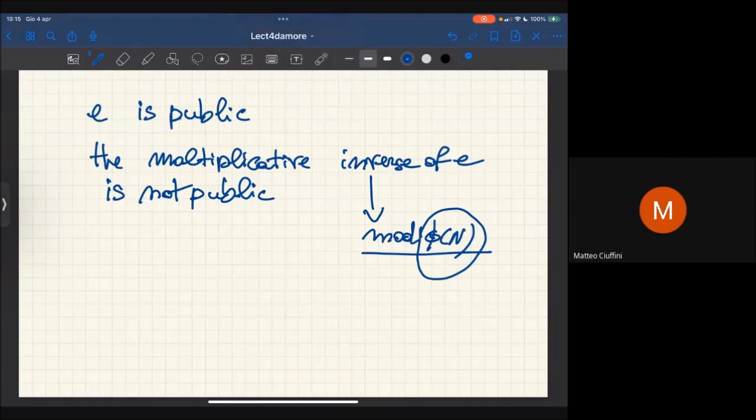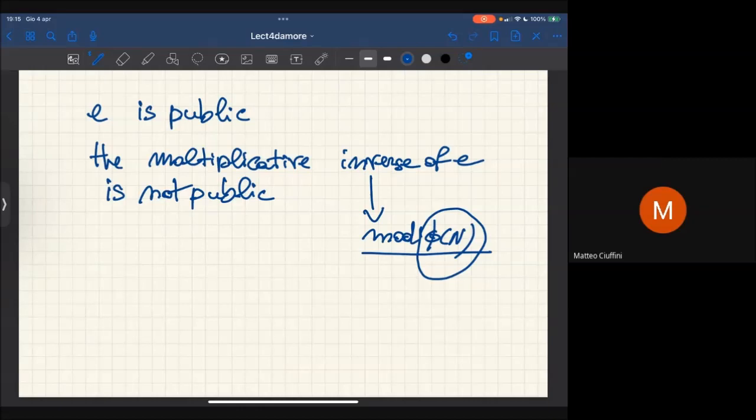What I was meaning is that given E, it is very hard to find D. And also given D, it is very hard to find E, unless you know all the information. I mean, if you are Alice, from D you can compute E, because you know phi of n.